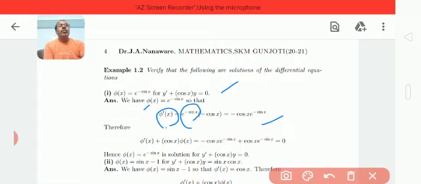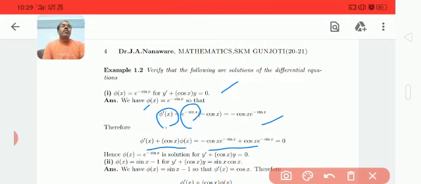And now we consider the left hand side of the given differential equation and just plug the value of phi dash at x and phi of x. So here you will see that this left hand side, after plugging the values of phi of x and phi dash x, you will have this. And what is this? Sum of these two terms will be 0.